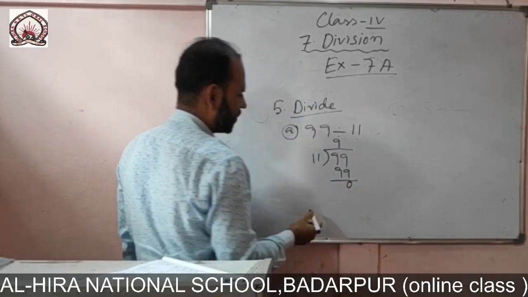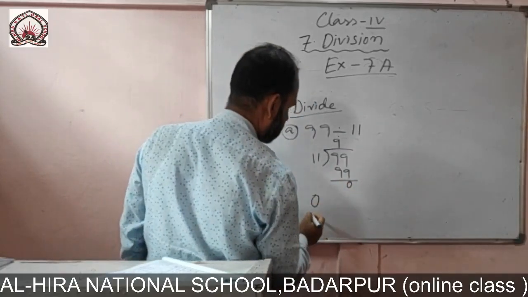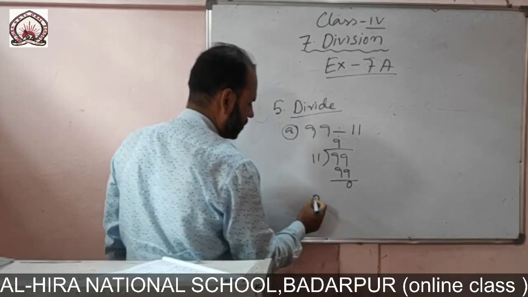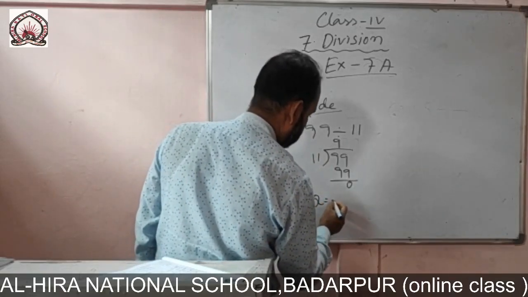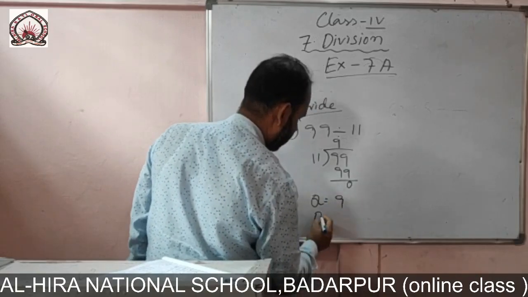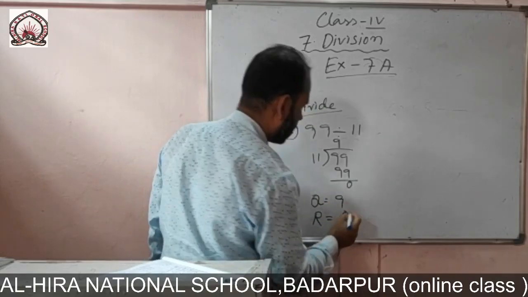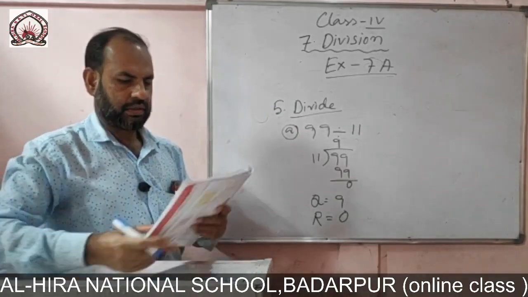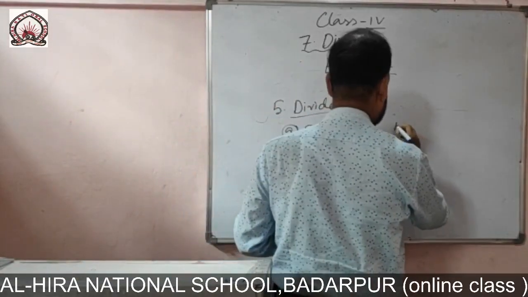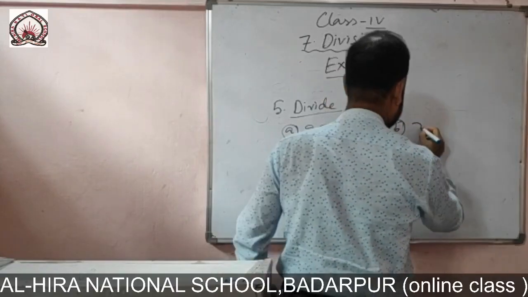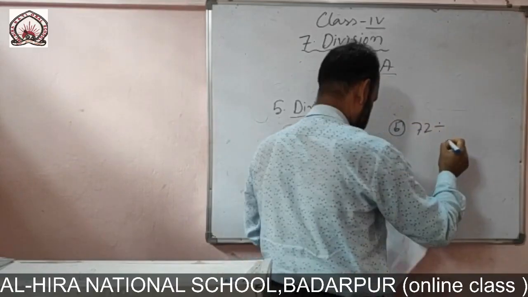So we can write quotient equal to 9, remainder equal to 0. Next, question number B, 72 divide 12.